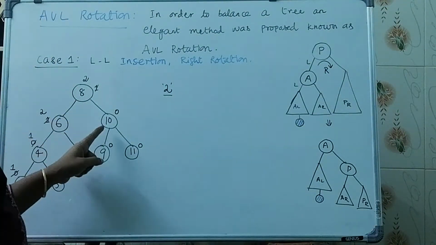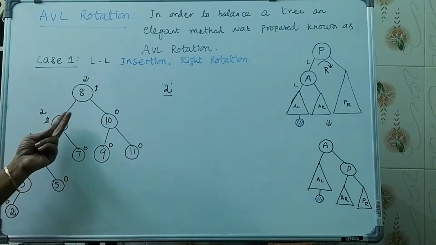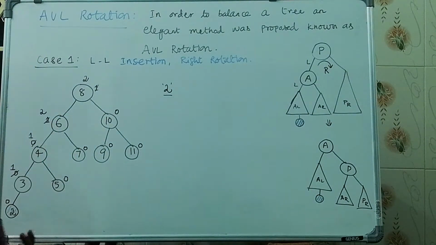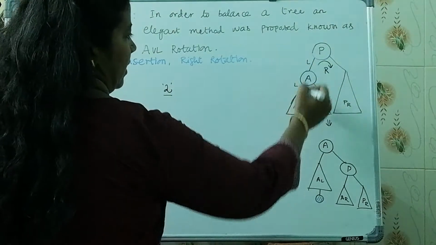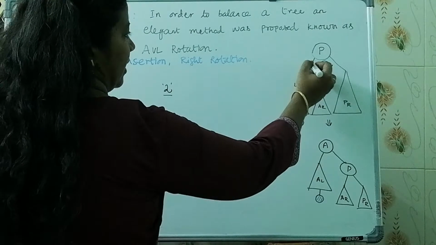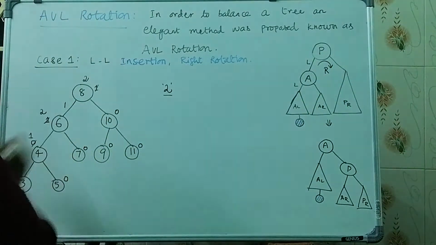There is no balance factor change in the right subtree, because the insertion happened only to the left and left side of the AVL tree. Now this case is satisfied. A new node was inserted to the left of left. Okay, so this is left.